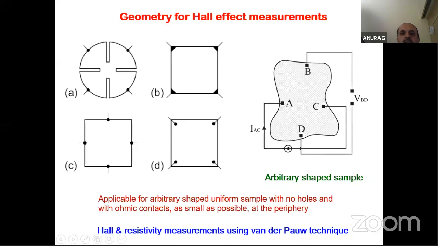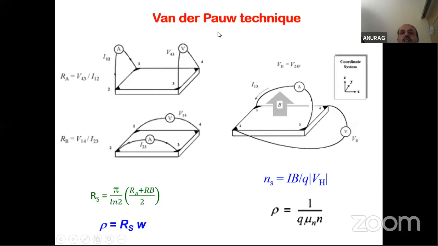In this measurement, this is also called the Van der Pauw technique. It's also a 4-probe method, but you don't need to have a collinear 4-probe. What we do here is we pass the current through contacts 1 and 2, and you measure the voltage across 3 and 4. V43 by I12 is called RA. For RB, you change the connections: between 2 and 3 you send the current using a current source, and you measure the voltage across 1 and 4.